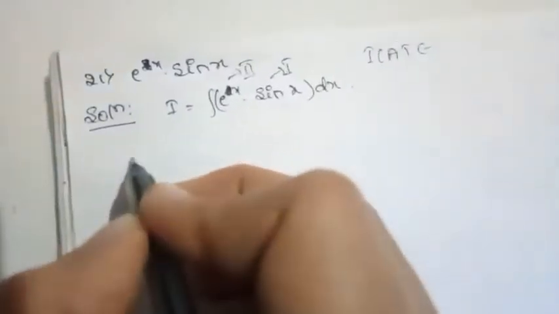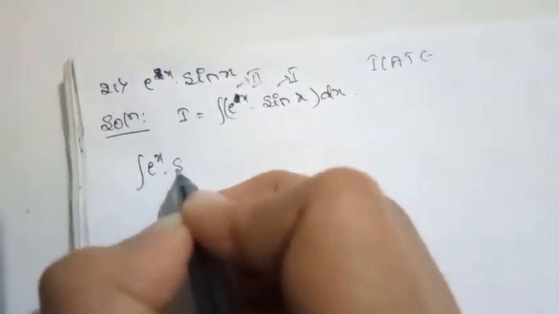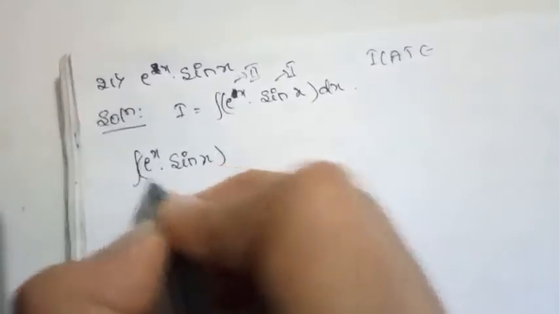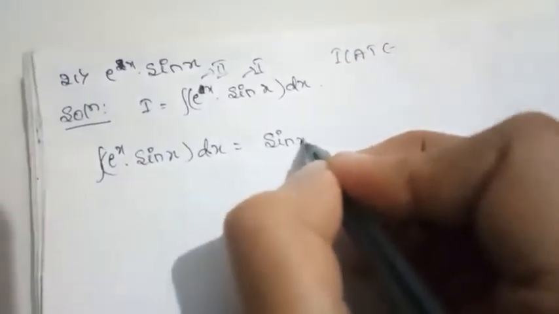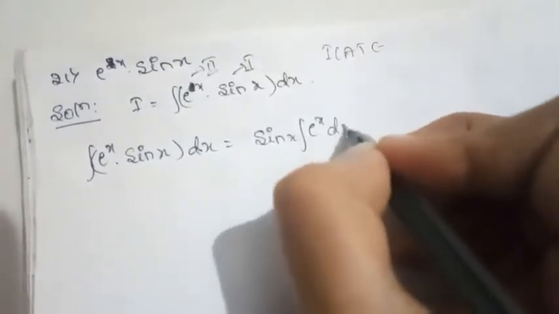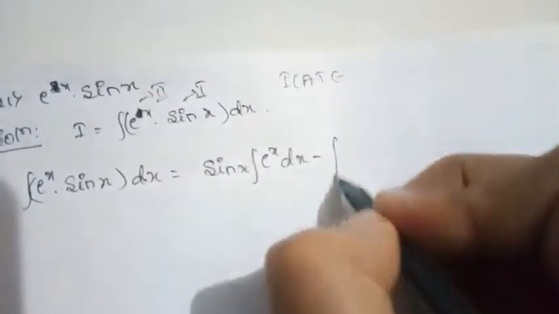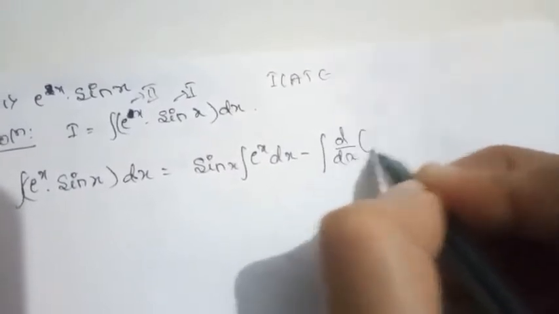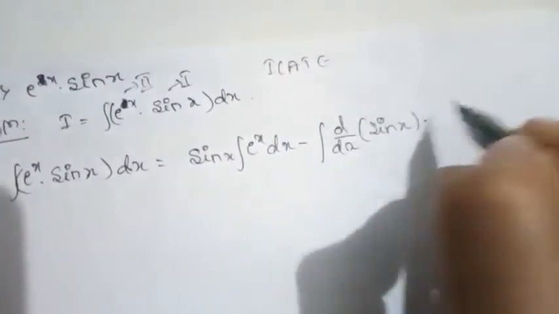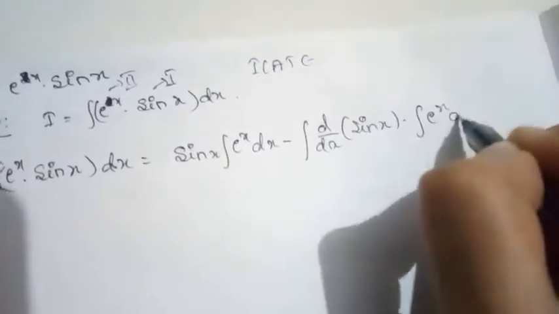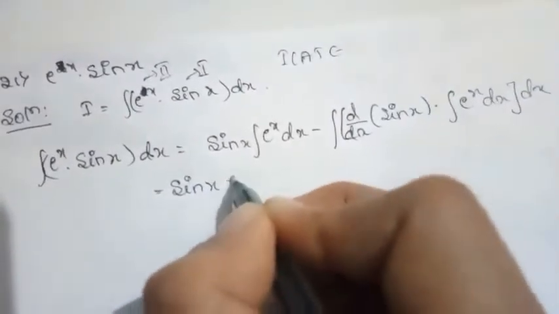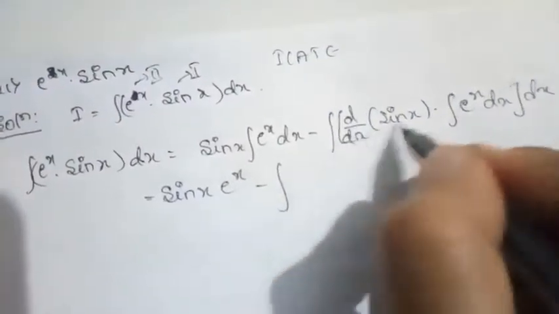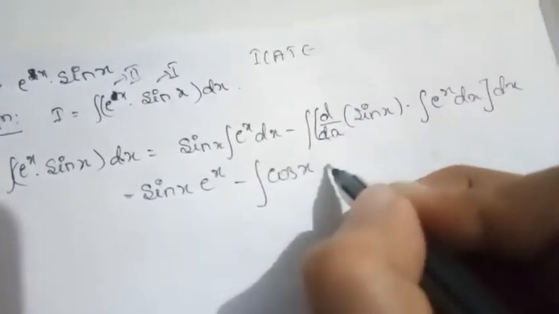So integration of e power x into sin x dx is equal to first function sin x into integration of the second function, minus integration of differentiation of the first function into integration of the second function. Now we need to solve this one. Sin x, integration of e power x is e power x, minus integration of differentiation of sin, which is cos, into e power x dx.